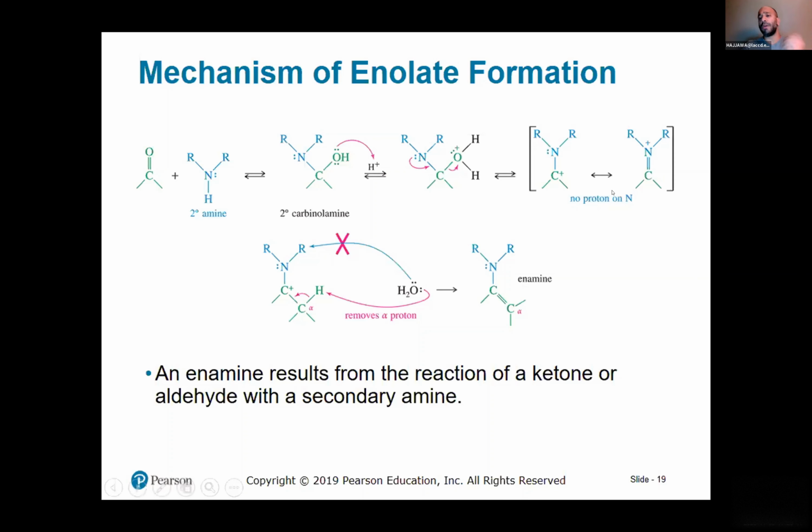So when you get to this step, water will grab the hydrogen, not from the nitrogen, but from the alpha carbon, and that forms the ene in the enamine. So you end up making the structure of the enamine at the end. This is an important mechanism to keep in mind. It happens only when you have a secondary amine reacting with an aldehyde or a ketone.